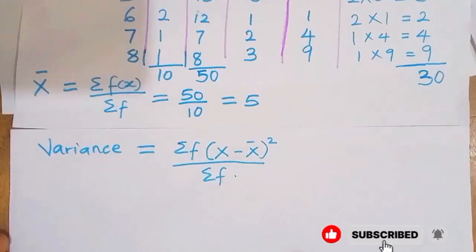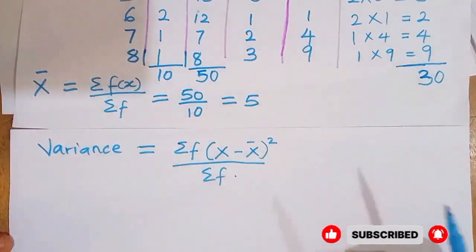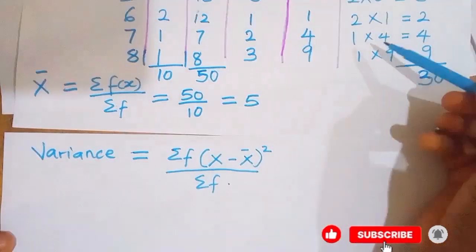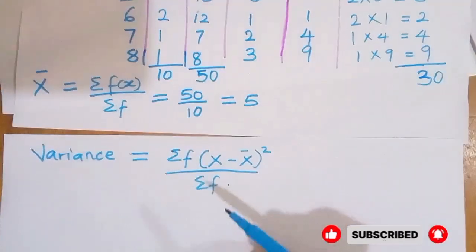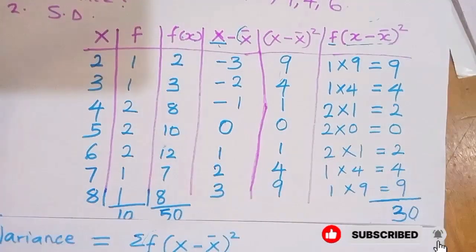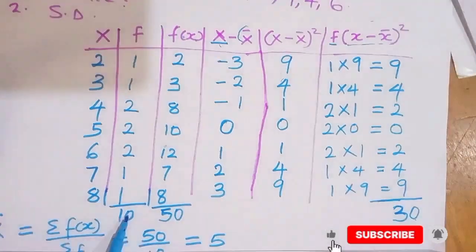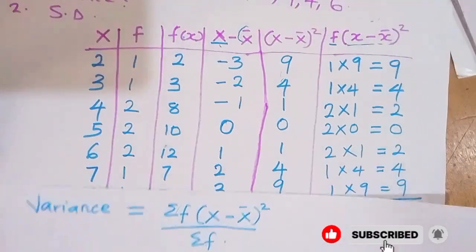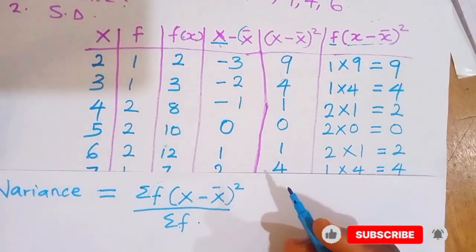Please know this, don't forget it. You can see without this table we will not be able to find the variance. The summation of this is 30. Then the summation of f is 10. Have you seen? It's now easy for us to solve it. So you input the values.